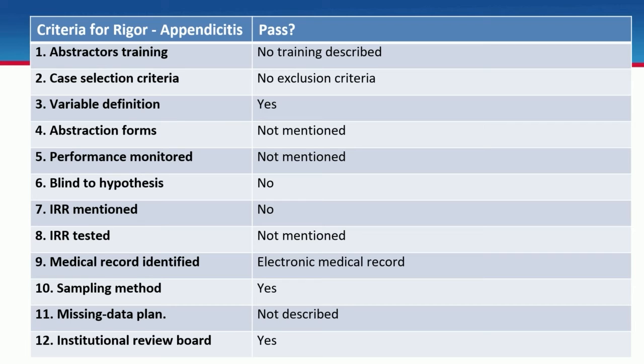Performance monitoring, as mentioned, is so important to do up front with trainees, med students, and residents. Blinding to the hypothesis was also not mentioned. Inter-rater reliability was not mentioned or tested at all. It was an electronic medical record, fairly straightforward. The sampling method was mentioned, but unfortunately there was no missing data plan from an analysis perspective, on how to deal with that, and the IRB was mentioned. So that was our paper, and it was published in the Journal of Emergency Medicine.